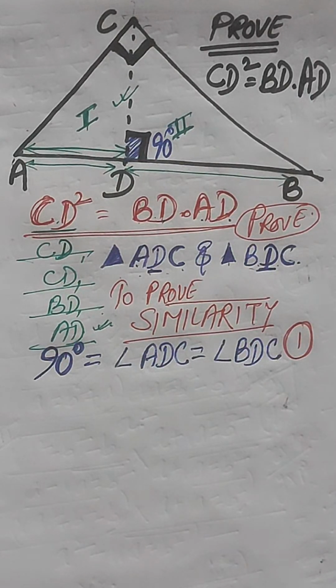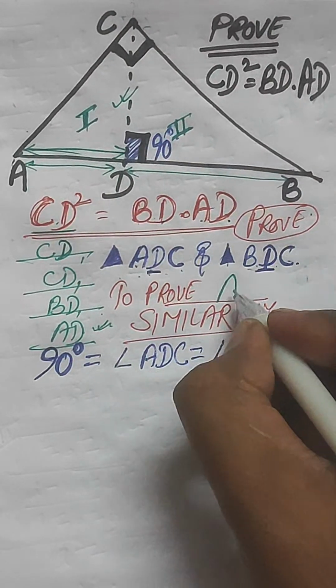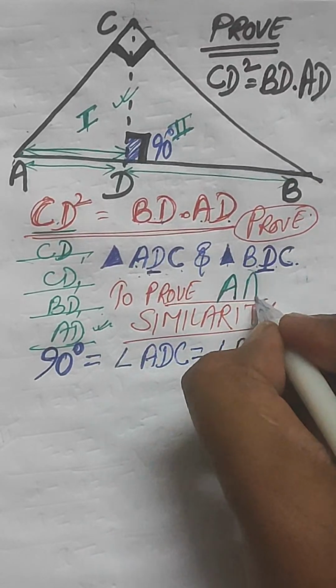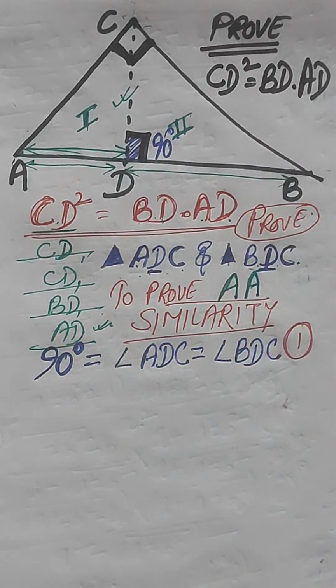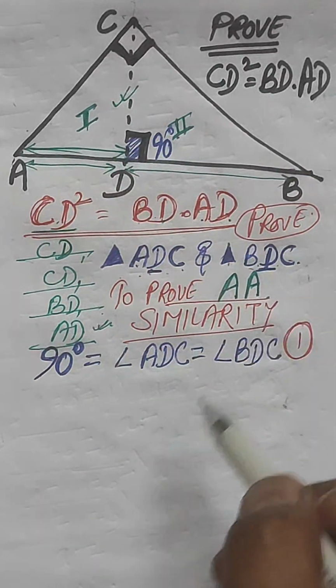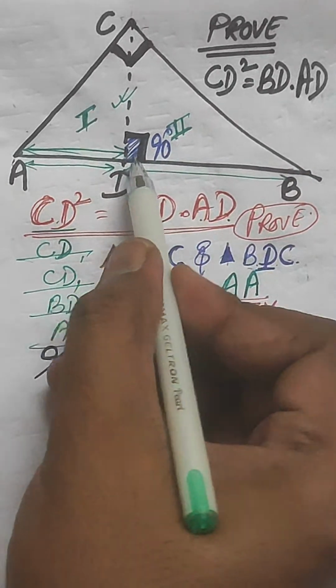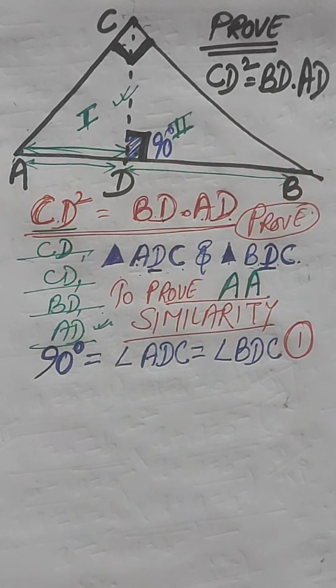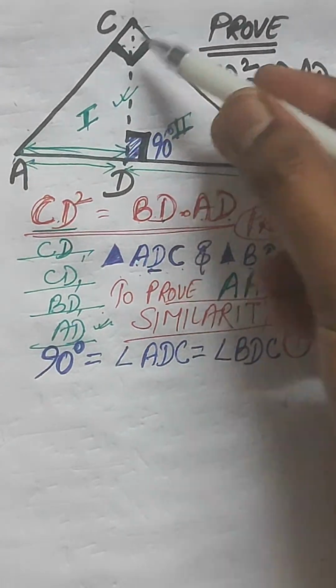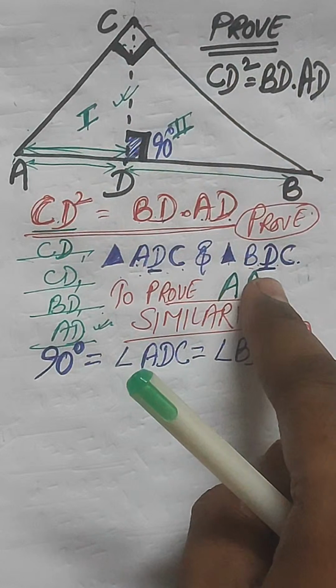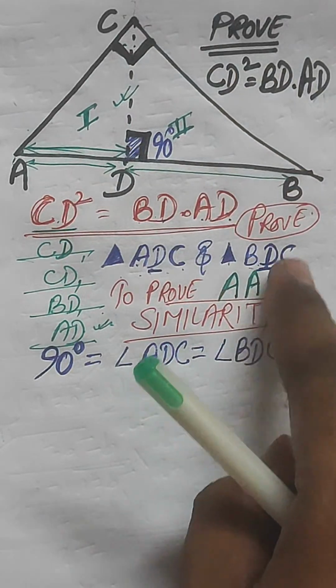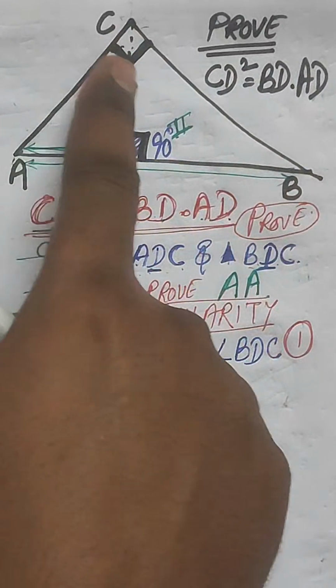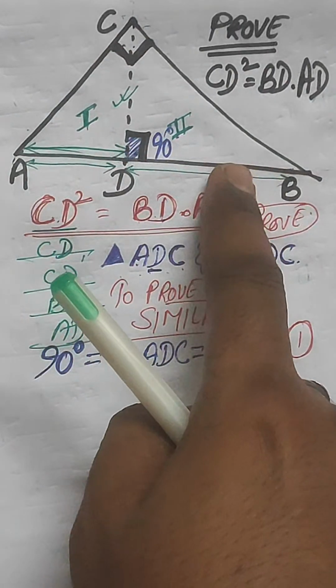For similarity we need at least two angles, so by AA criteria we can prove the similarity. Here we cannot take another 90 degree angle, because our triangle is BDC, and the entire angle C is not taken over here.